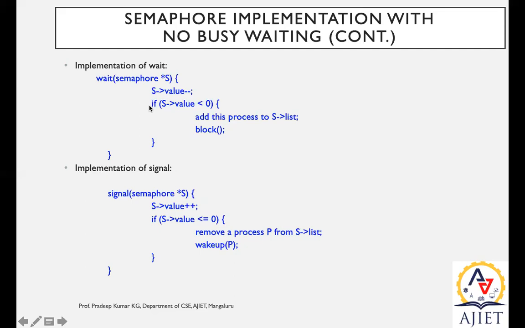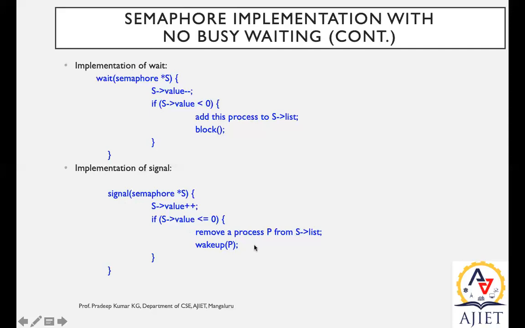Now if the value of S is less than 0, then we add the process to the list and block it. The same thing is repeated under the wait queue. Once this is ready, we apply signal. Signal is nothing but giving a chance to access the critical section. When the signal is ready, the value is incremented by 1.